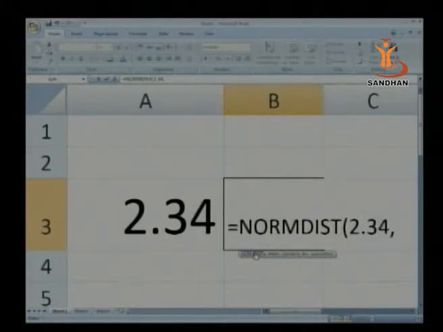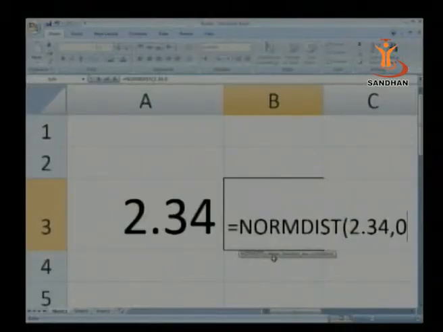Make a comma. Now it requires the mean. Again, see the protocol of this formula. It requires the mean, and the mean for the standard normal distribution is 0, right? So now just follow this in Excel.